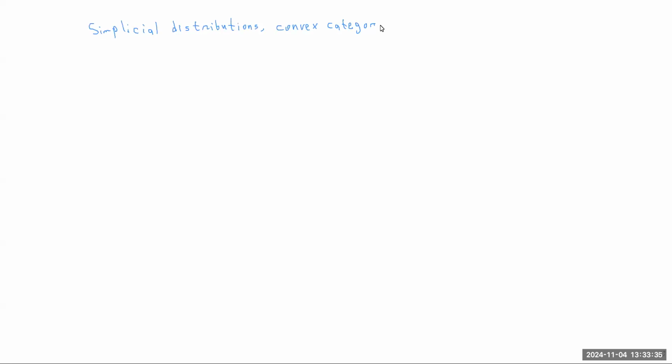Okay, I will start. Hi, everyone. I'm writing the title: Simplicial Distribution, Convex Category, and Contextuality. So let me remind you what a simplicial distribution is. In a simplicial distribution, we are encoding outcome probabilities.